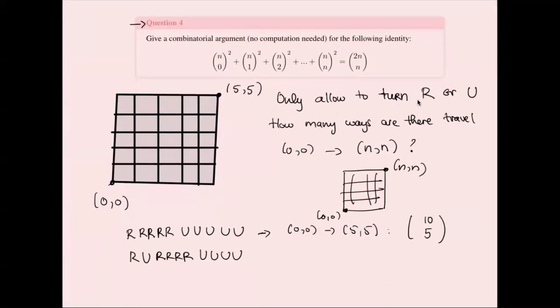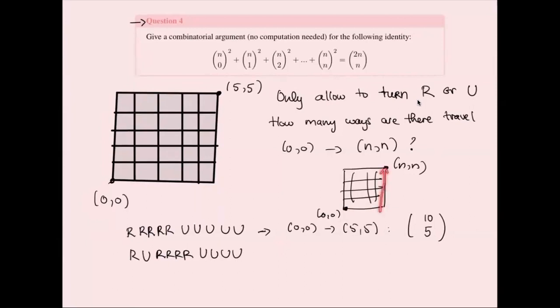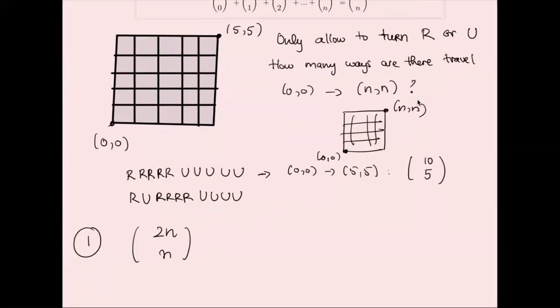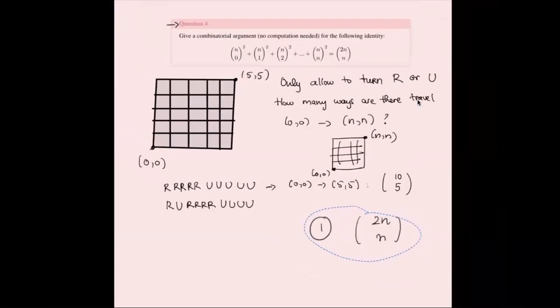Then we will always have to go to the right exactly n times, and we have to go up exactly n times, which means our first answer can be out of n plus n positions, which is 2n. We choose n positions to turn right, and then the remaining positions will be going up. So that is the first way we can answer this question: 2n choose n.